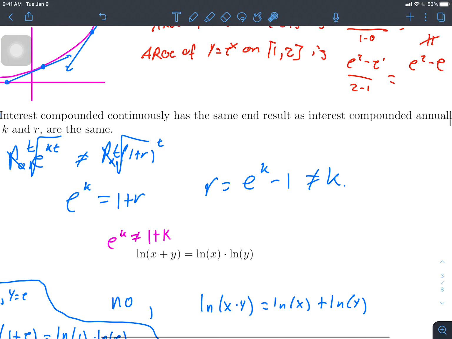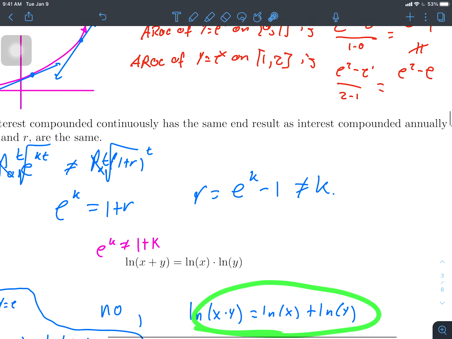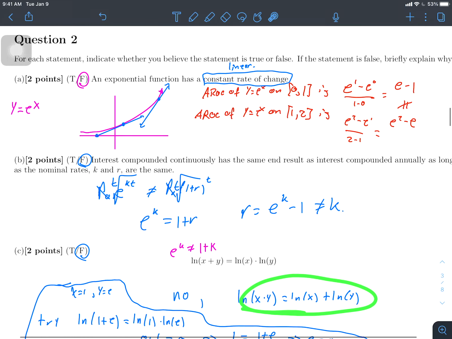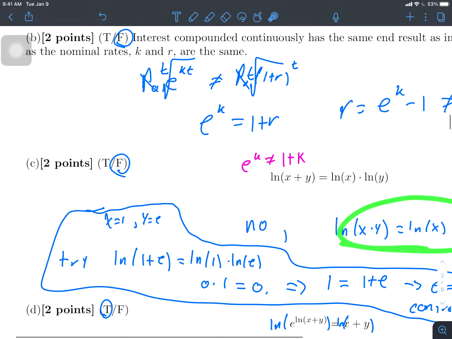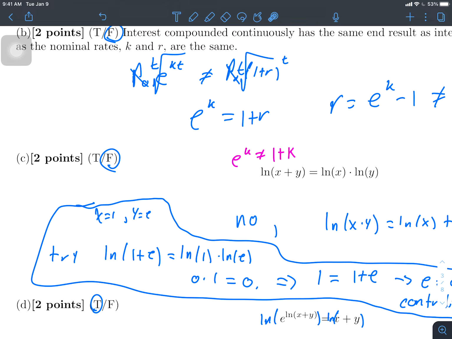So you could just say no, the correct rule is like this if you wanted, or you could also view it in another way. You can just check if it's true for a given set of x and y. So I picked x equals 1 and y equals e, and I checked. If you do ln of x plus y, that's just ln of 1 plus e. And I should check, is ln of 1 plus e equal to ln of 1 times ln of e? Well, ln of 1 is 0 and ln of e is 1.